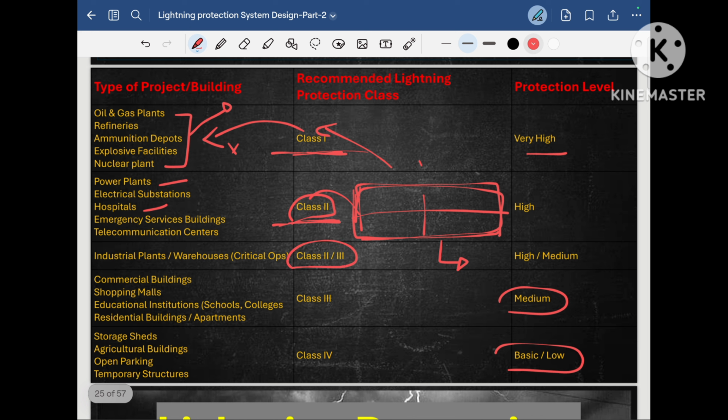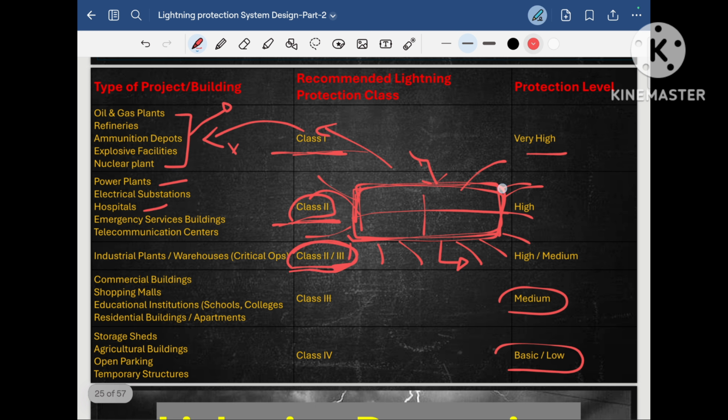Why? Because many workers are residing inside, and if a lightning strike happens and there is a fire, it can spread outside, and surrounding this worker accommodation there are other buildings, so it affects the immediate environment. Suppose my worker accommodation is isolated and very far from other buildings, then in that case we can go for class 3 protection also.